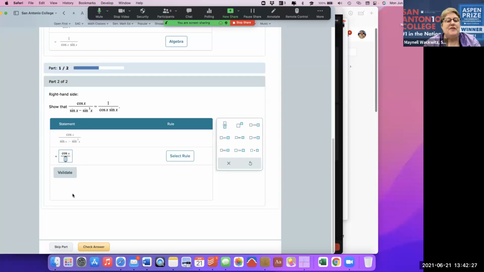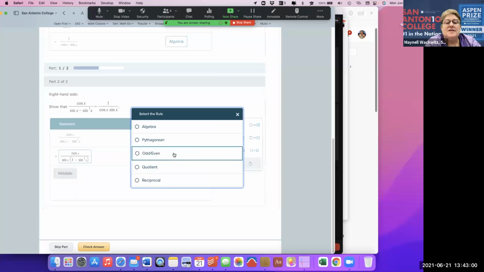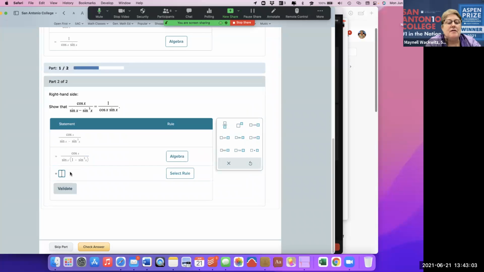Yeah, so that means factor out a sine. So we'll have sine x times 1 minus sine squared x. But I can do more algebra. Or not. It actually might be easier not to do more algebra. The thing I was thinking was I could factor 1 minus sine squared into 1 plus sine x times 1 minus sine x, but this time that wouldn't help. So let's stop with algebra there.